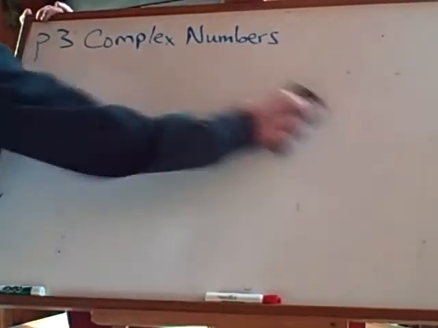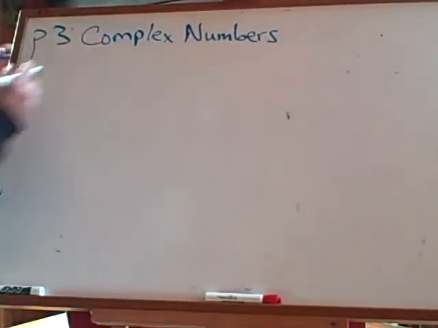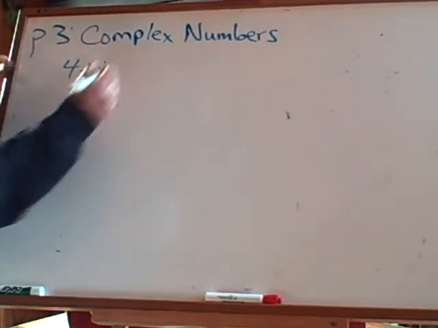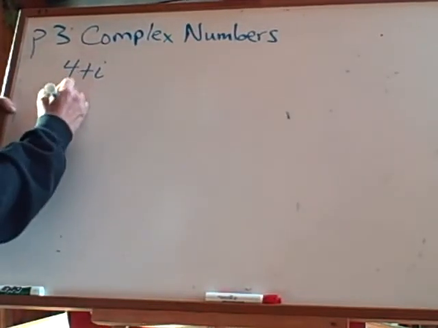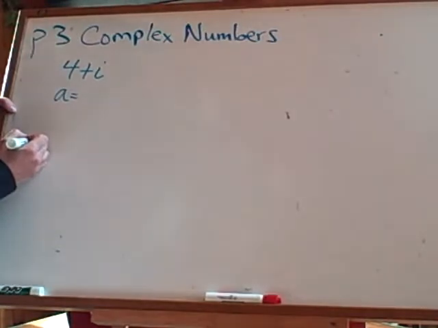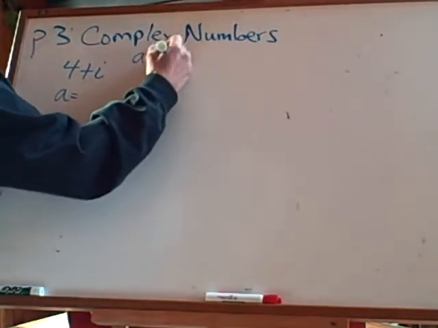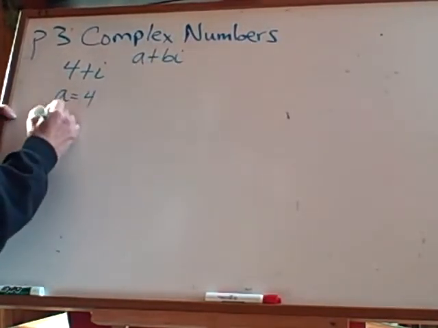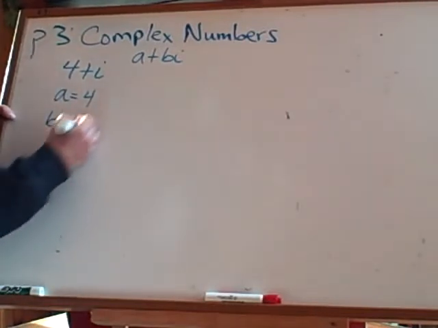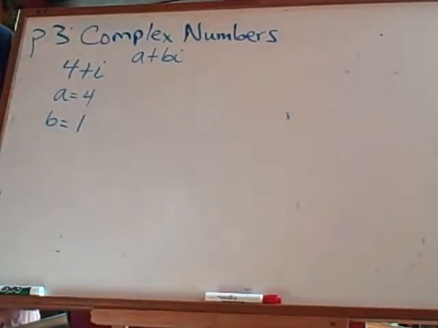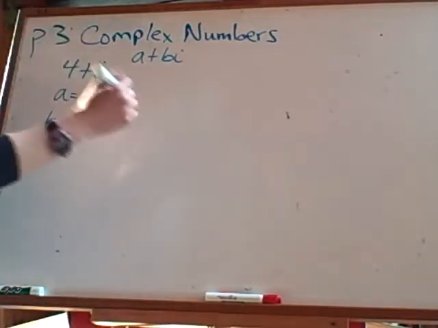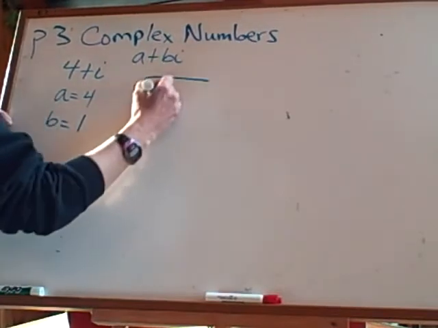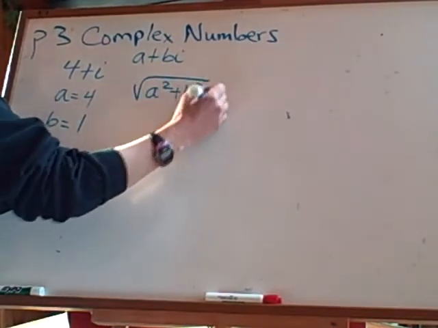So now we're going to actually find the magnitude. Let's look at that first one, which was 4 plus i. What is a here? a would be 4, right? That is absolutely right. a is 4. What is b here? 1. Remember that a and b are just your coefficients, never include your i because you're going to end up messing up. So in order to find it, we do the square root of a squared plus b squared.